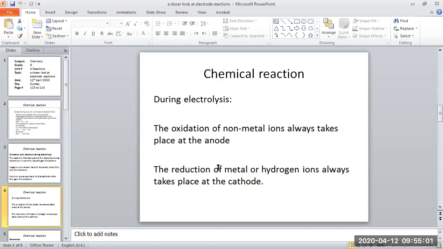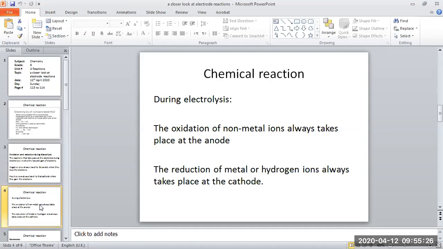The reduction of metal or hydrogen ions always takes place at the cathode, because the cathode is the negative terminal, and metals and hydrogen always form positive ions. So it happens at the cathode.